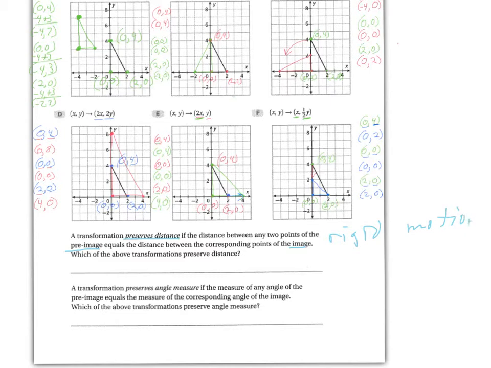Which ones are the same after the transformation? Well, we said that this one had the same shape, was just moved. This one was flipped, but it maintained its shape. This one was rotated, it maintained its shape. So we have so far A, B, and C. This one was not, because it was bigger. This one changed the shape. This one was not either. So for that question, that is our answer there.